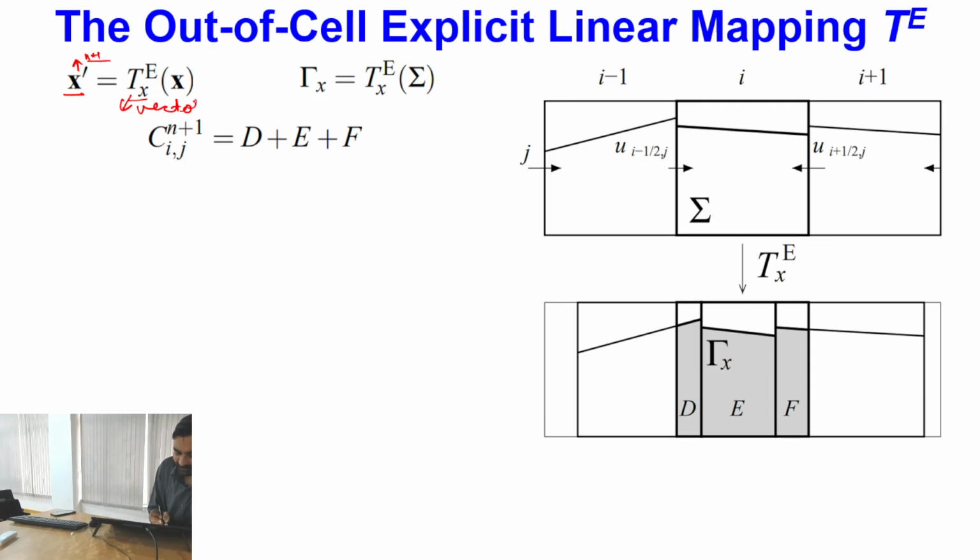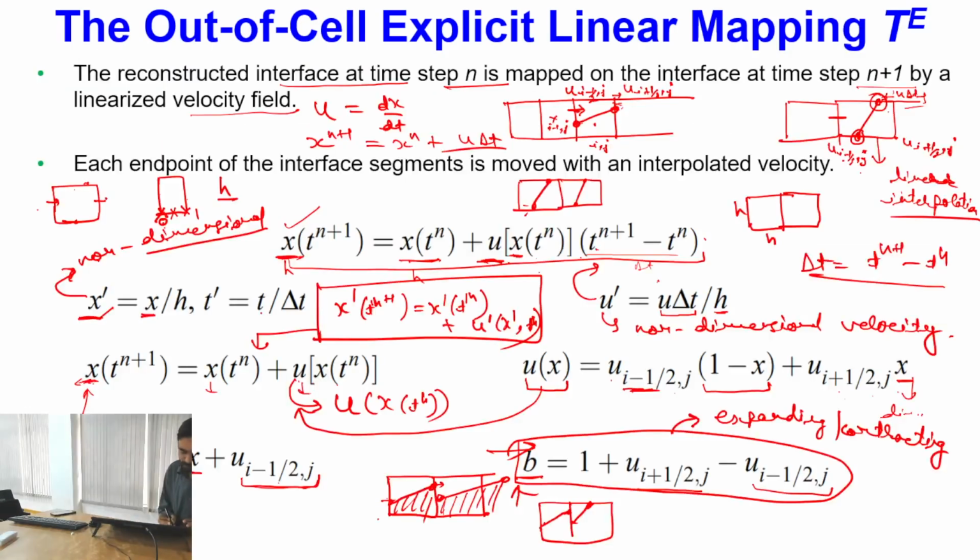This is a vector which represents the transformation of x into x dash. These two components are the components of this TXE vector, where Tx means transformation in the x direction and E means explicit. Are all clear with this point?